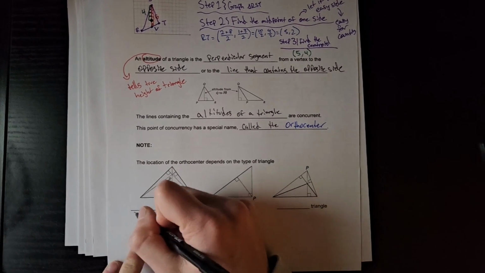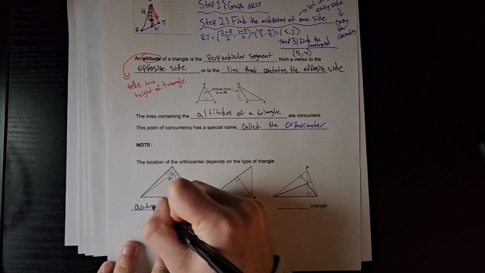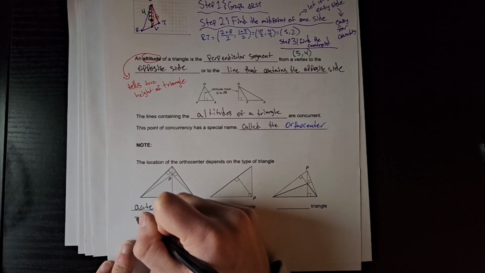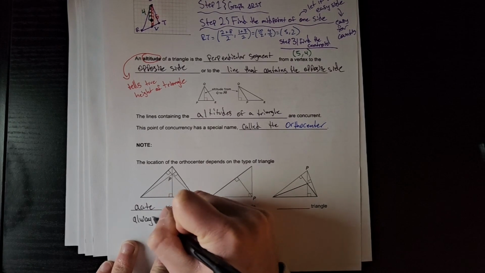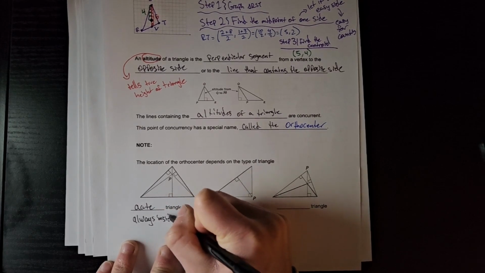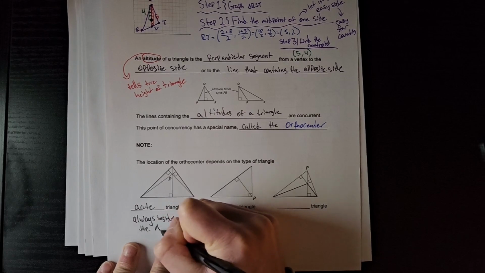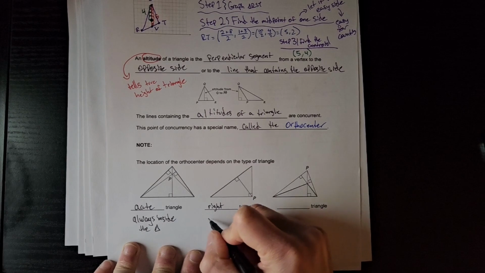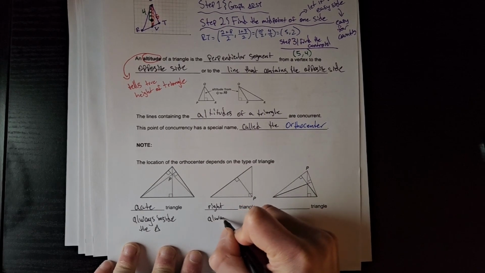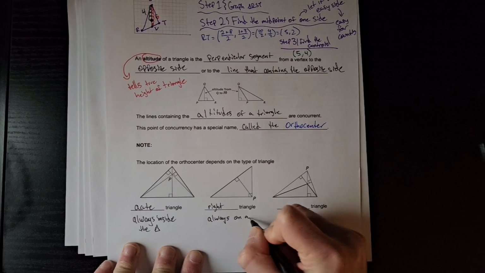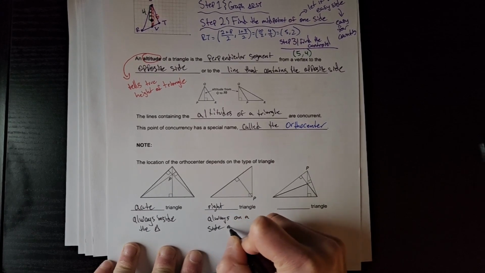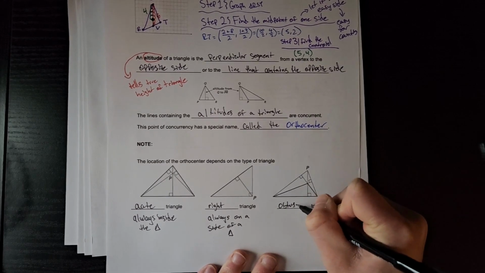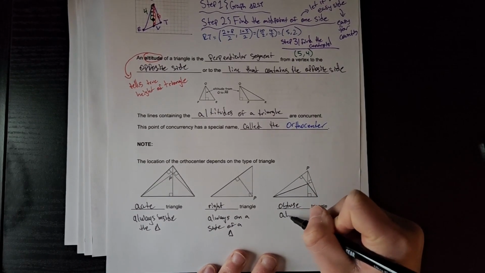So for acute triangles, the orthocenter is always inside the triangle. For right triangles, it's always on a side. And for obtuse triangles, it's always outside.